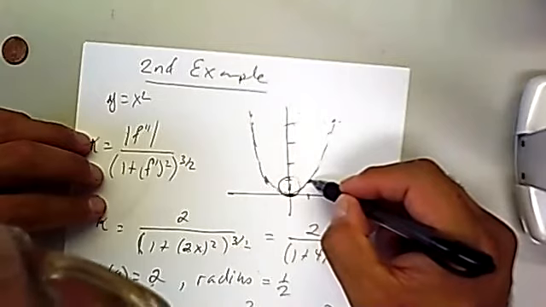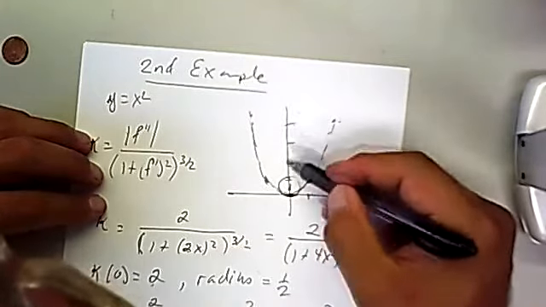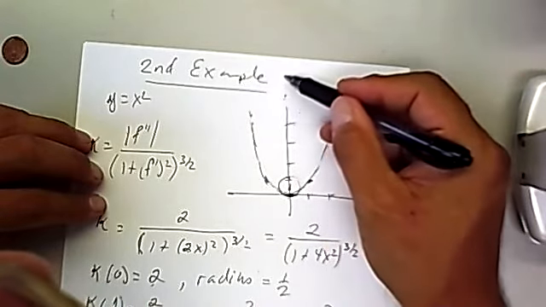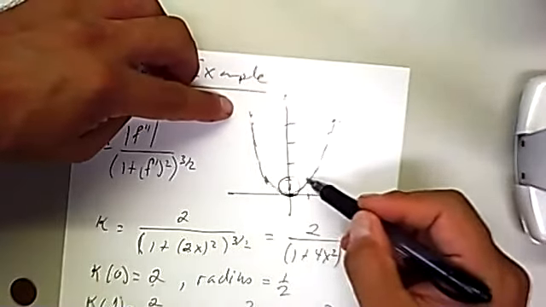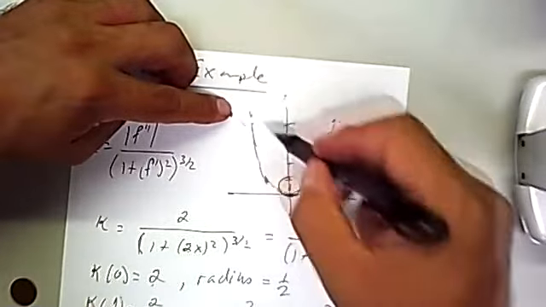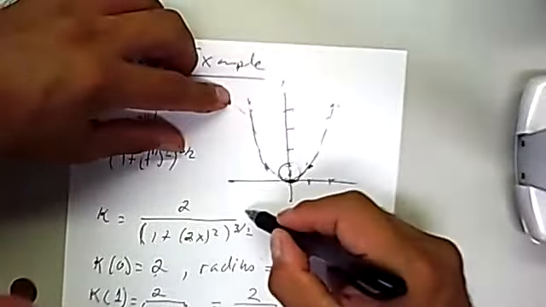So there's a circle. Boy, that is going to be a big circle, because if this is 1, that's 4. 5 would be about this much. So, whoa. Take this distance and put it here, perpendicular here. We got a circle of radius 5.59. So it's a big, huge circle.